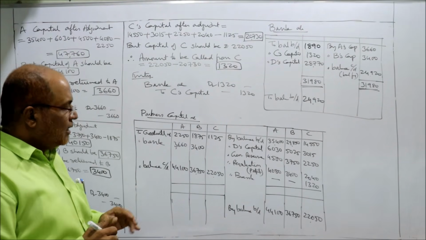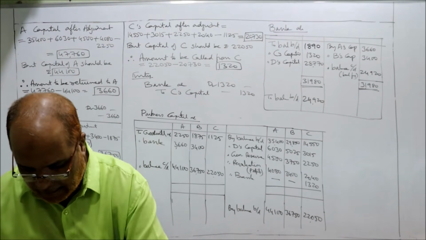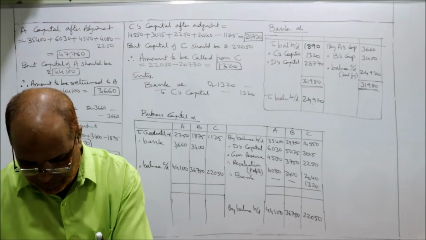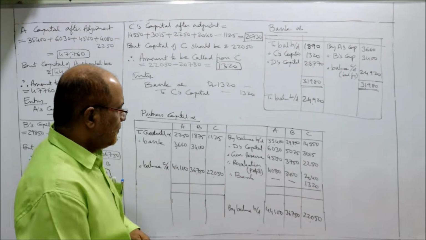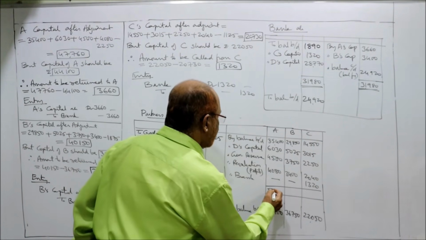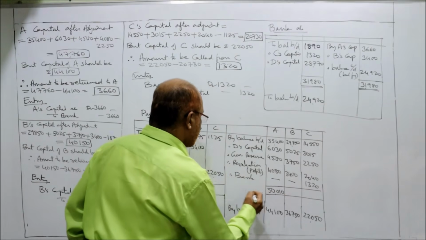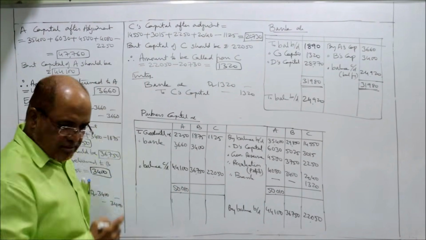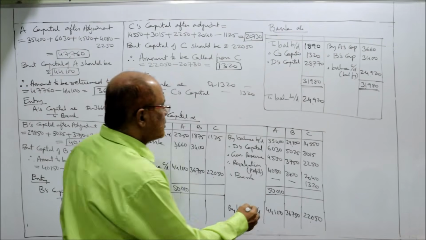That's it. Now if we take the total of the partners' capital, then the partners' capital will show 50,010. Similarly, 42,025.